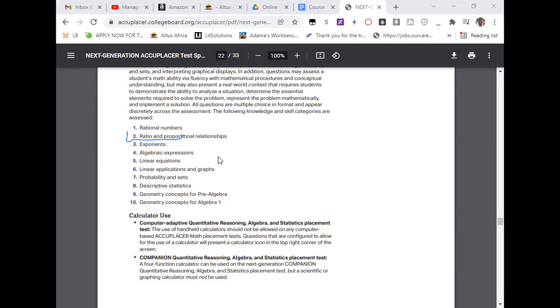So these are the 10 topics in quantitative reasoning, and as long as you get all these 10, you are almost guaranteed to get 100% in that section, even if you did not take these classes in high school.